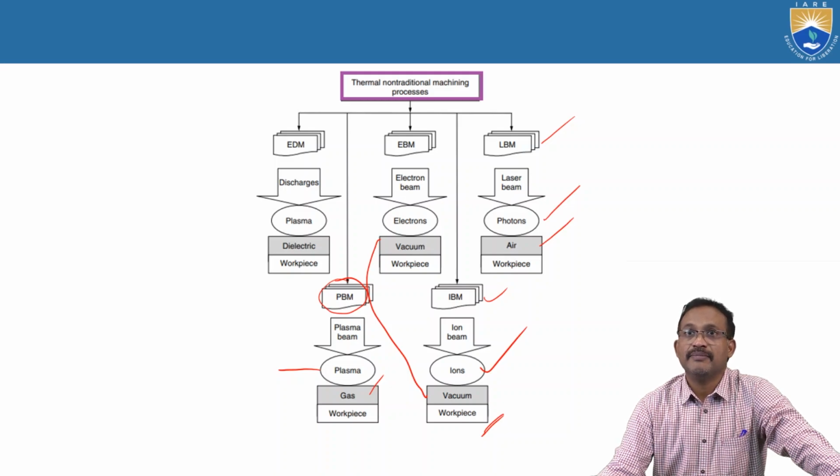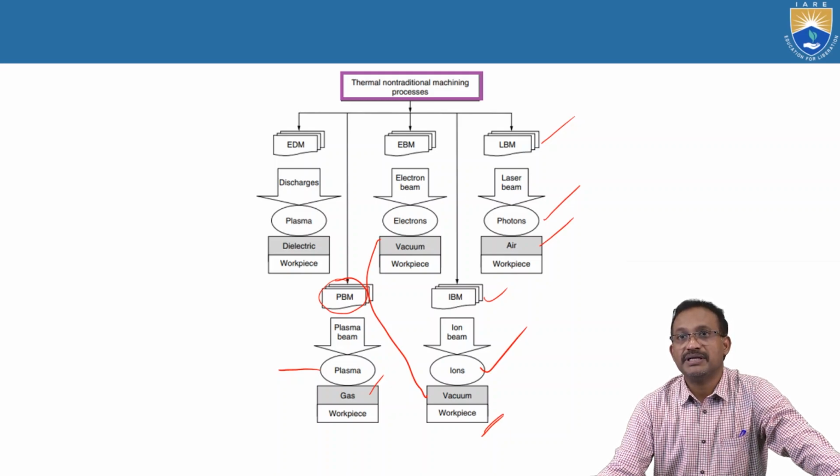In EBM, the striking material is the electron beam, and the medium is vacuum. In laser beam machining, the striking material is the laser beam, that is photons, and the medium is air. In plasma beam machining, it is the plasma beam, and the medium is gas.